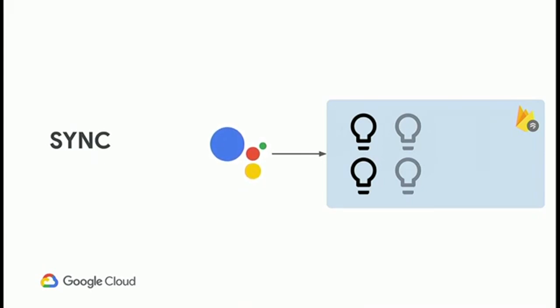So in this example, we might return a response that says this user has 4 light devices in their account. All 4 of them can report the on-off trait, but only 2 of them support brightness, right? Something along those lines. So this is the kind of metadata that you provide in response to a sync.